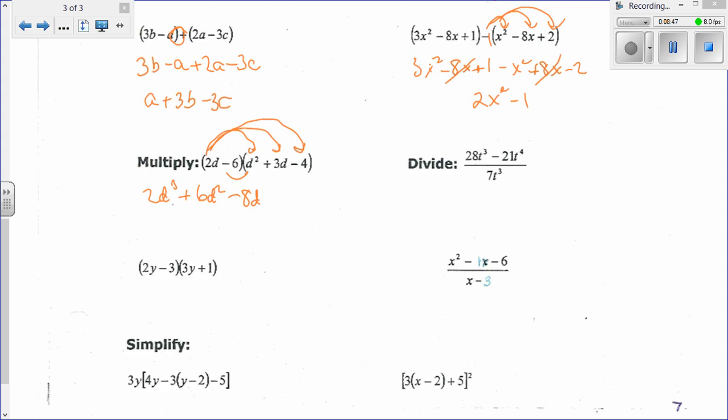And then I'm going to multiply everything by negative 6. So it's negative 6d squared minus 18d plus 24. So when all is said and done, I have 2d cubed. My 6d squared terms cancel each other out. And I have minus 26d plus 24.